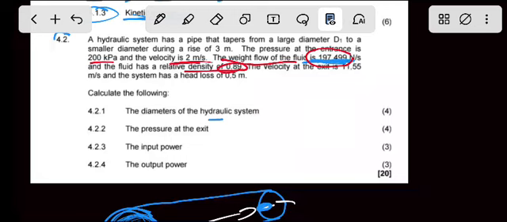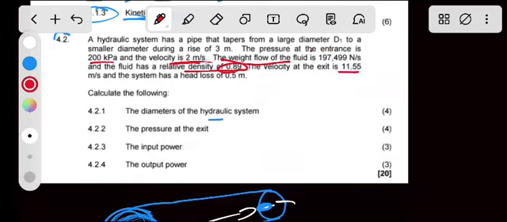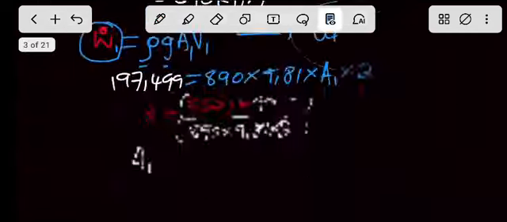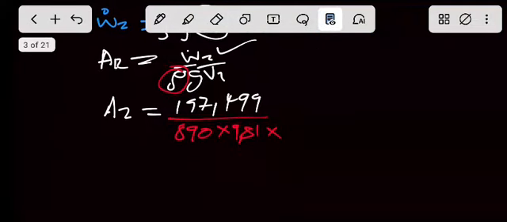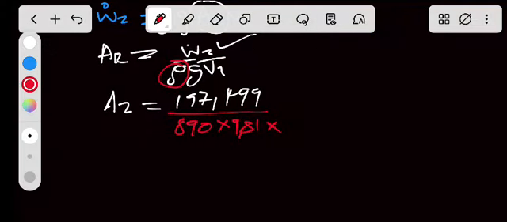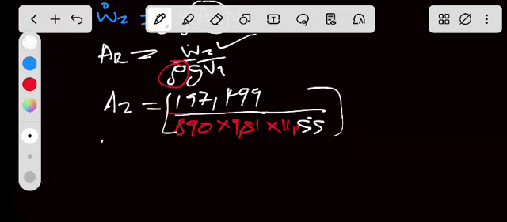Here they say the velocity at the exit is 11,55. Alright, multiply by 11,55 at the exit part. All these have area 2, which must be equal to what?